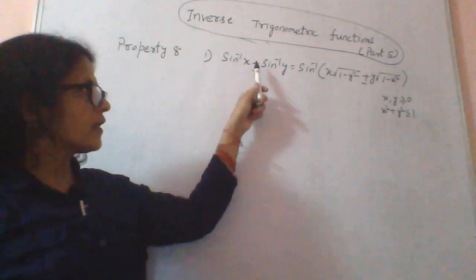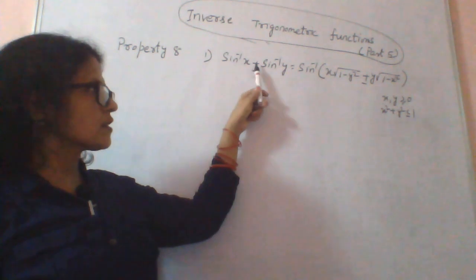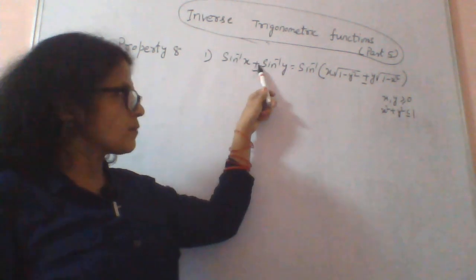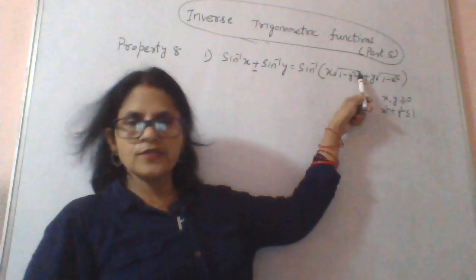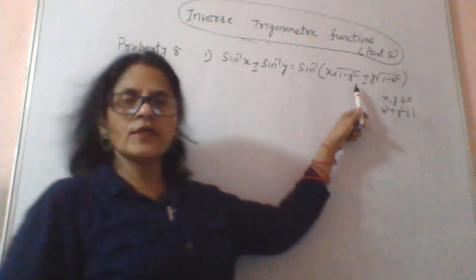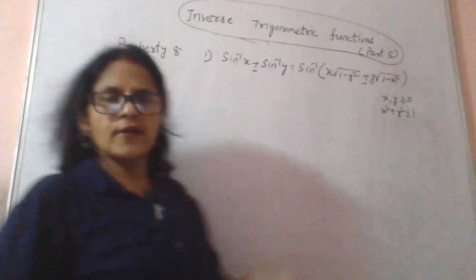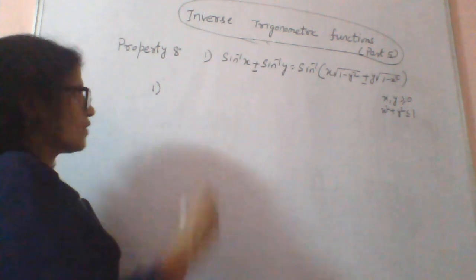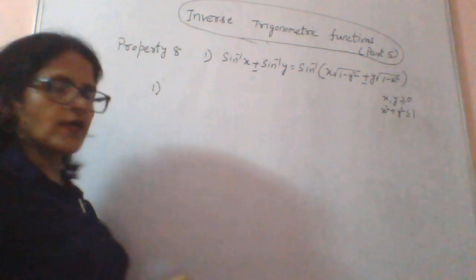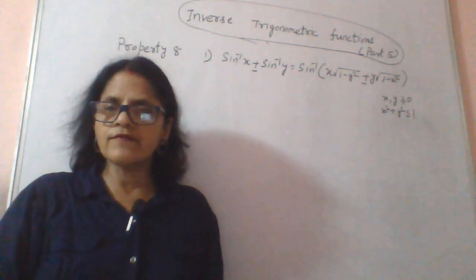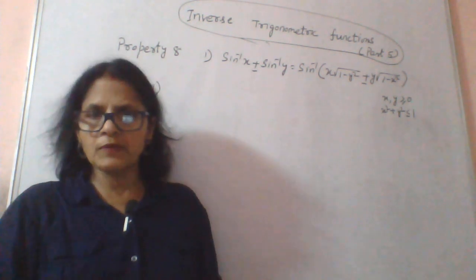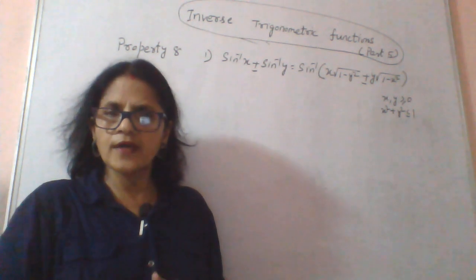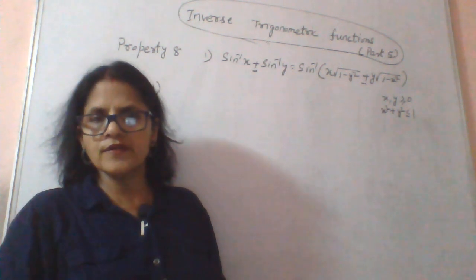Whenever you say sin inverse x plus minus, if it is plus, here it will be plus, if it is minus, here it will be minus. So let's consider these two cases. First case is sin inverse x plus sin inverse y. Second case we will take sin inverse x minus sin inverse y.